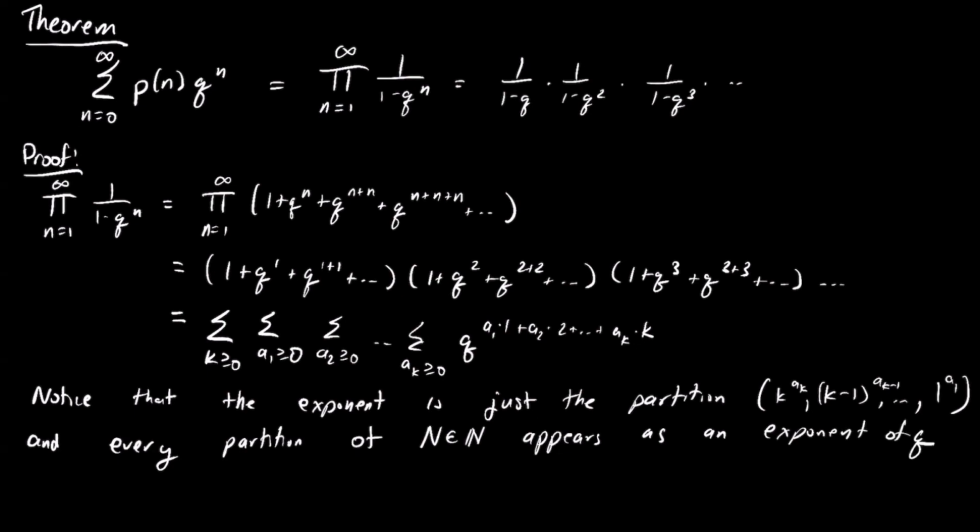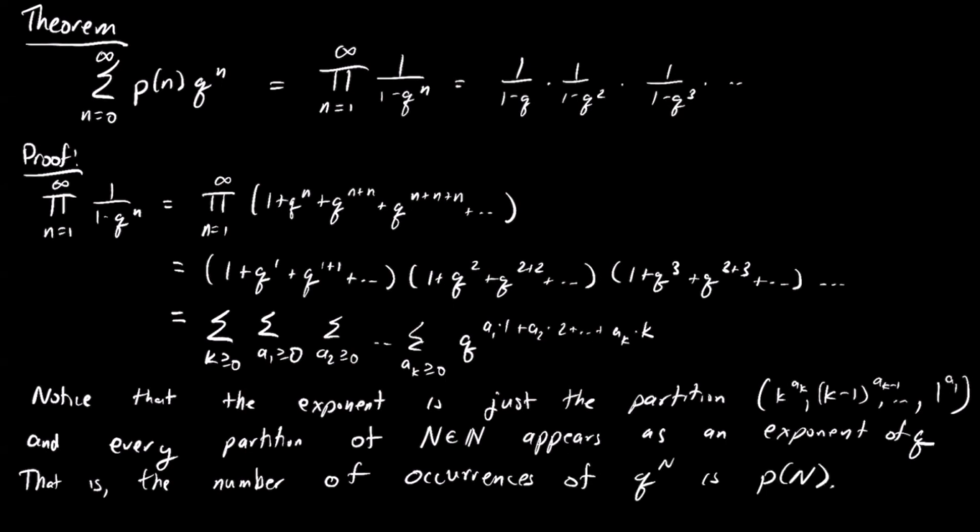Well, since the ways of forming q to the n correspond to the number of partitions of n, this tells me that the number of occurrences of q to the n is p of n.